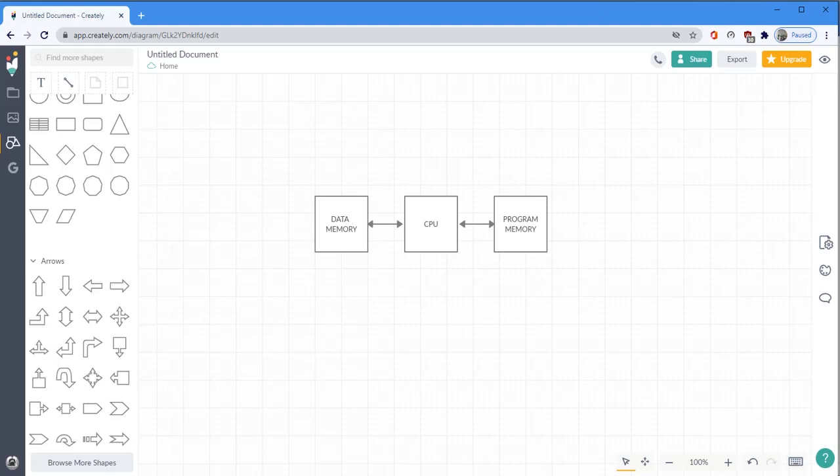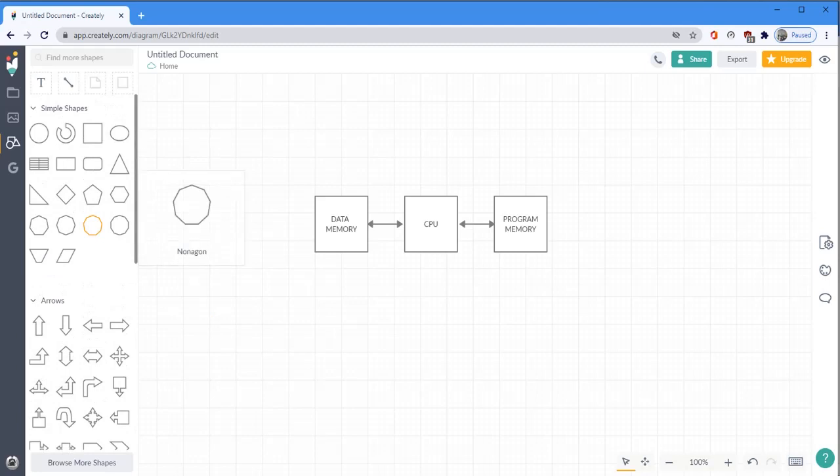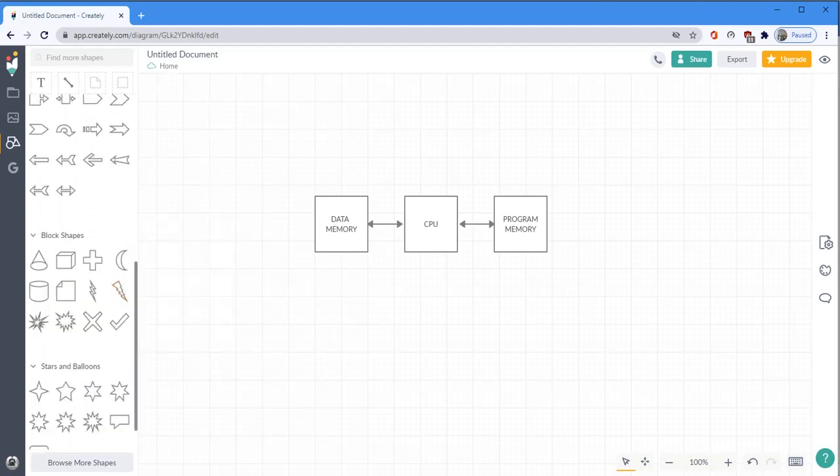You can change the size of boxes. You can connect the diagrams using different types of shapes and flowchart block shapes. You can draw a block diagram.